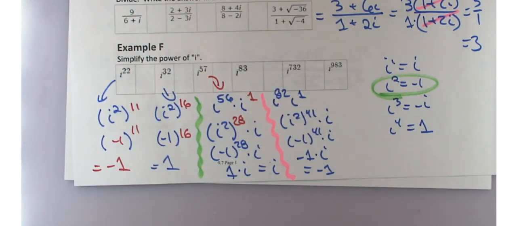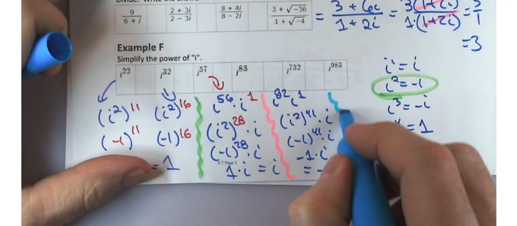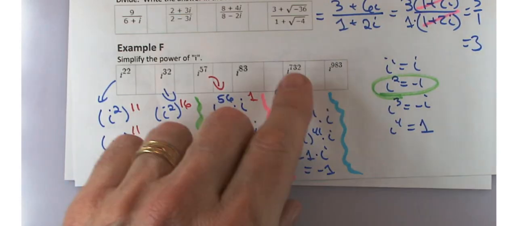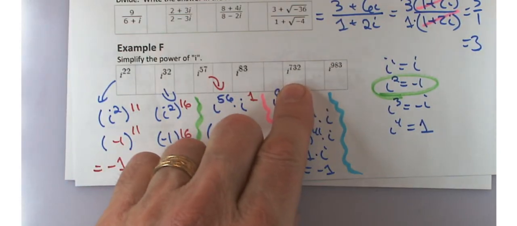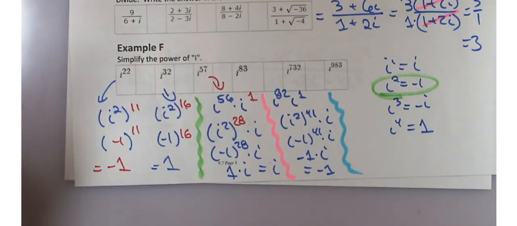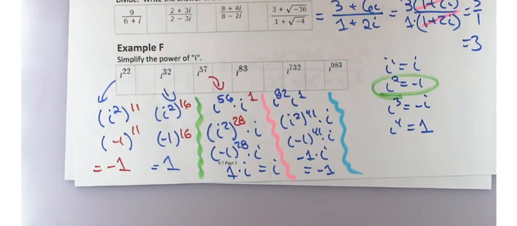And one more comment here. It doesn't always work when you're checking yourself on the calculator. So for instance, what if I did i to the 732? I can still do that by hand. It's a little bit of a pain. You might look at that and go, oh, wait a minute, I don't get it.